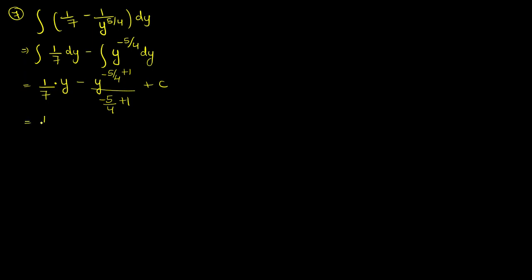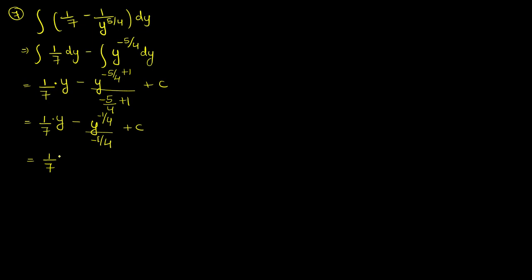Now simplify this. 1 over 7 y minus, 1 times 4 is 4, minus 5 plus 4 will be minus 1. So y power minus 1 over 4 divided by minus 1 over 4, plus c.